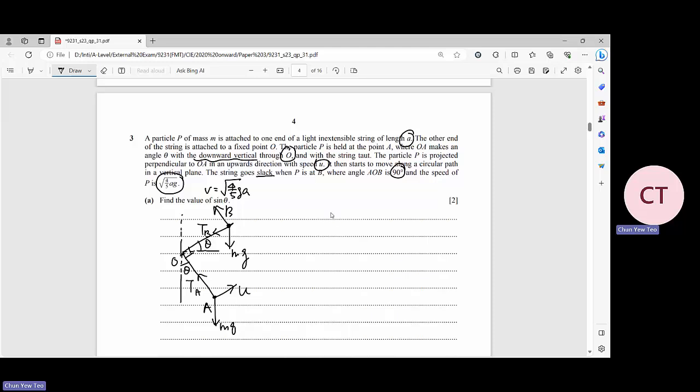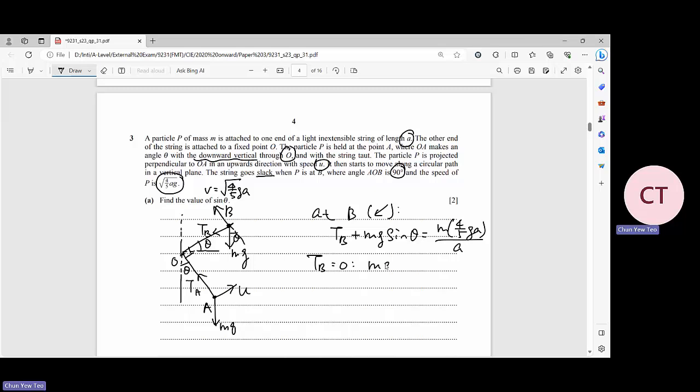I will resolve the forces at B. I resolve the forces to the center. Then I get TB plus mg sin theta is equal to the centripetal force, mv square over A. Okay, so your TB is 0.